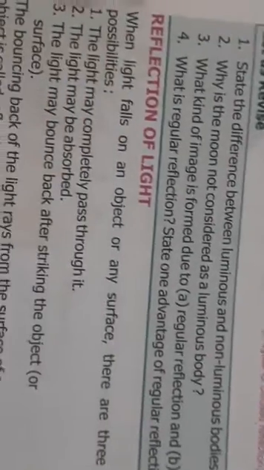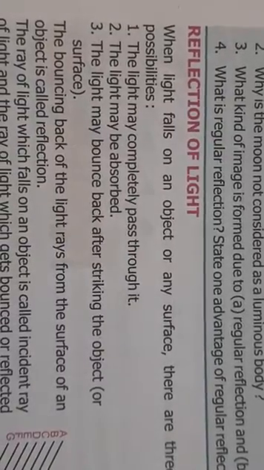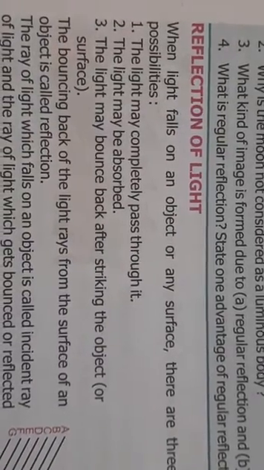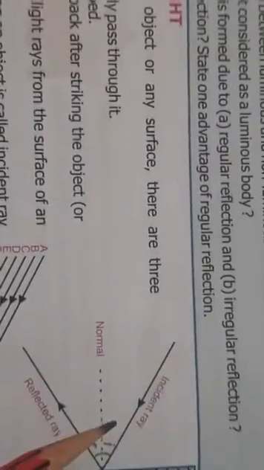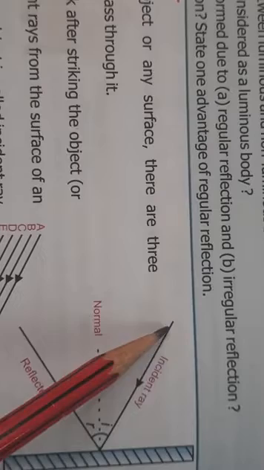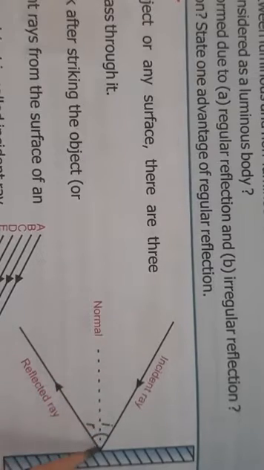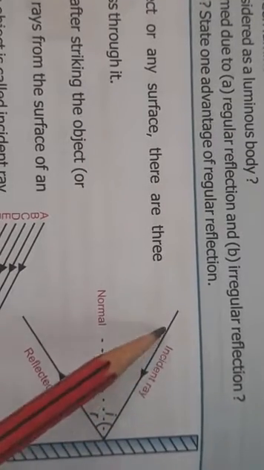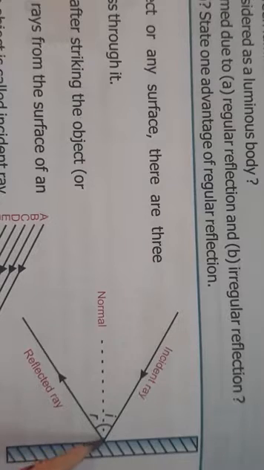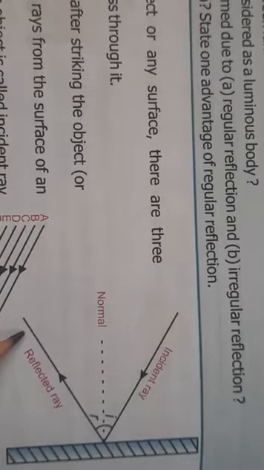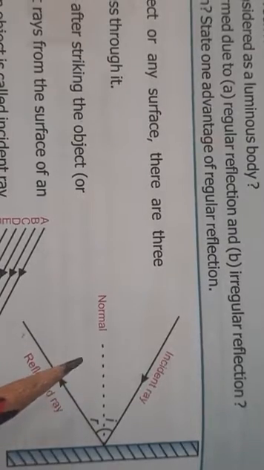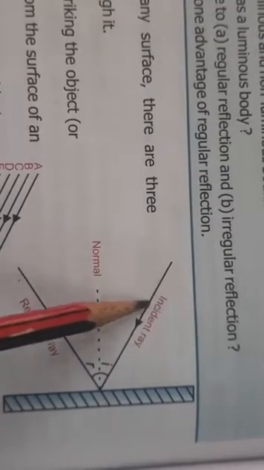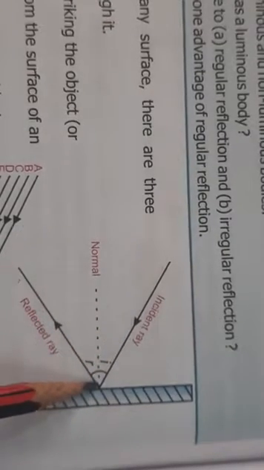Now we come to the reflection of light. In the previous video, I explained what is reflection of light. Reflection of light is the bouncing back of the light rays from the surface of an object. When light rays go and hit any surface and bounce back, that is called reflection. The ray of light which falls on the object, see, this is the ray of light and it is coming and falling on this particular object.